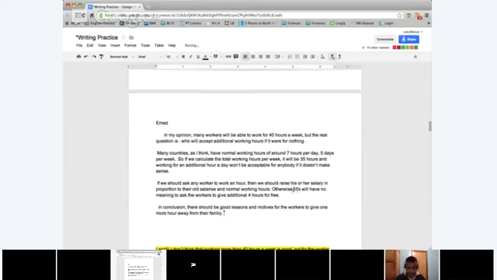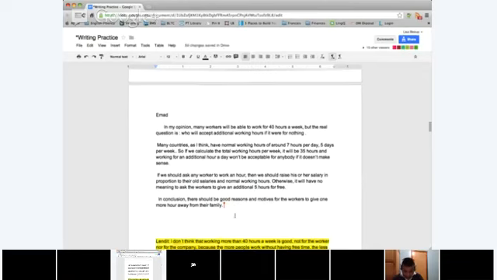Otherwise, it will have no meaning to ask the workers to give additional, I think it would be 5 hours every day for free. In conclusion, there should be good reasons and motives for the workers to give 1 more hour per day away from their family. Okay.